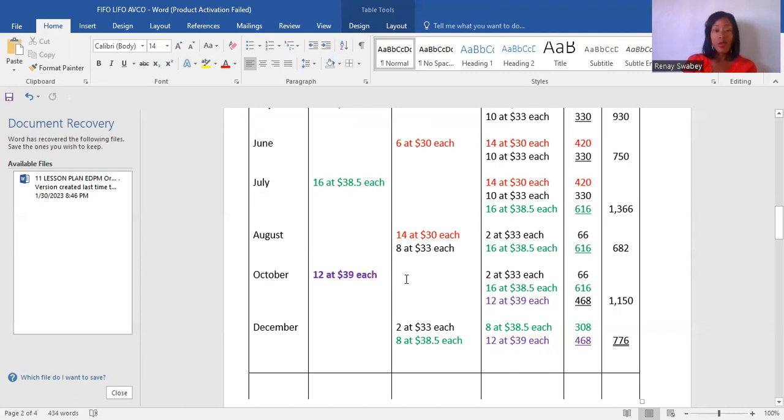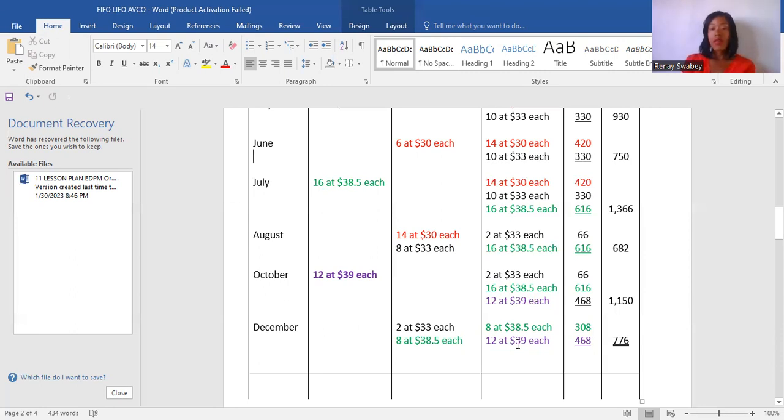However, in October, Selena was not able to sell any of those items that she purchased. So at the end of stock taking, who was doing stock take? Gianna was doing stock taking. So at the end of the month of October, Gianna is doing stock taking and she realized that none of these items were sold. So she's going to rewrite the same figure here because 12 minus 0 is 12.